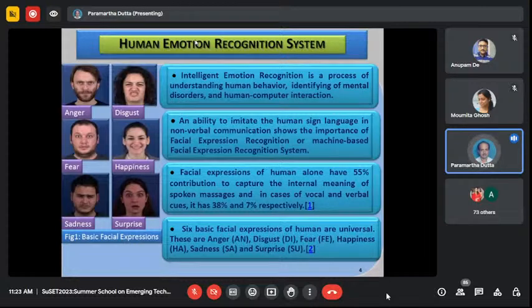Well, an ability to imitate the human sign language in non-verbal communication is important. Non-verbal communication shows the importance of facial expression recognition, or machine-based facial expression recognition systems. Now, this is the difficult part. If I am angry, it's very difficult to quantify. For example, look at the figures on the left hand side.